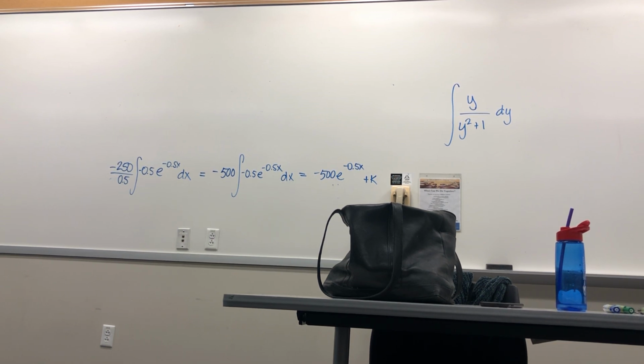What's the rule? Which rule are we gonna use for that? Yeah, you're right. U prime. So we know it's a natural log of this. So we're gonna have an ln of u, literally.